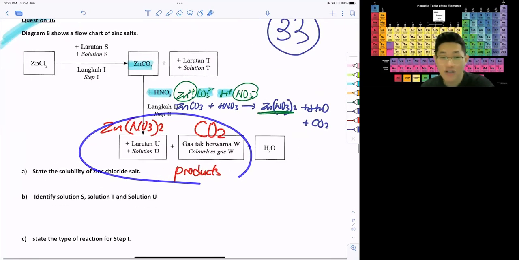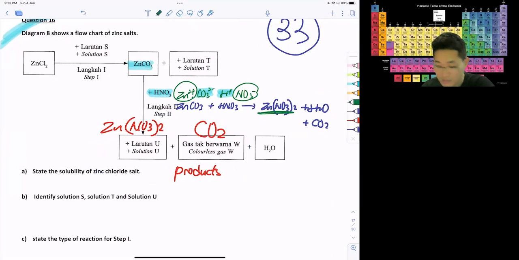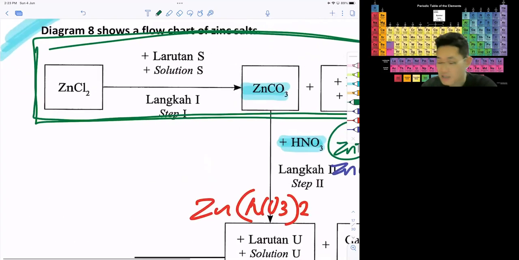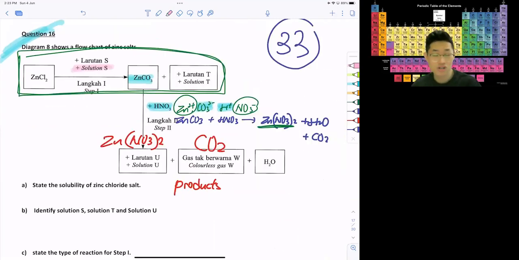Okay, then now we look at the parts on the top. You see? They want me to find the S. Solution S is a reactant or product, guys?